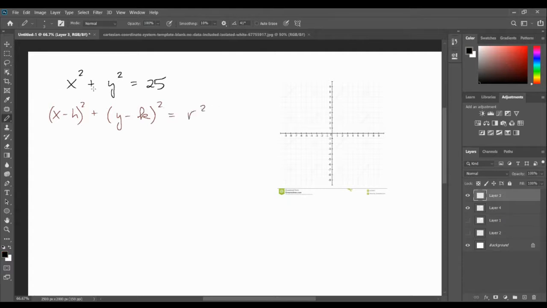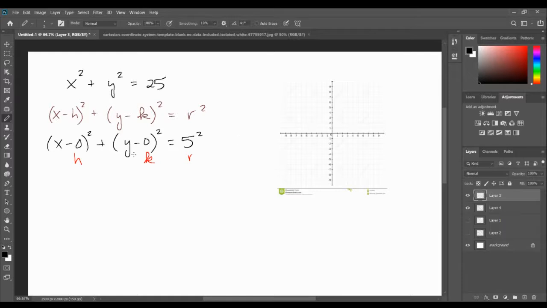So going back to what I've got here, I don't have anything subtracted from x, so I could write the way we denote nothing is our 0. I don't have anything subtracted from y, so that's like y minus 0. And 25 is 5 squared. So now I see what h is, I see k, and I have r.